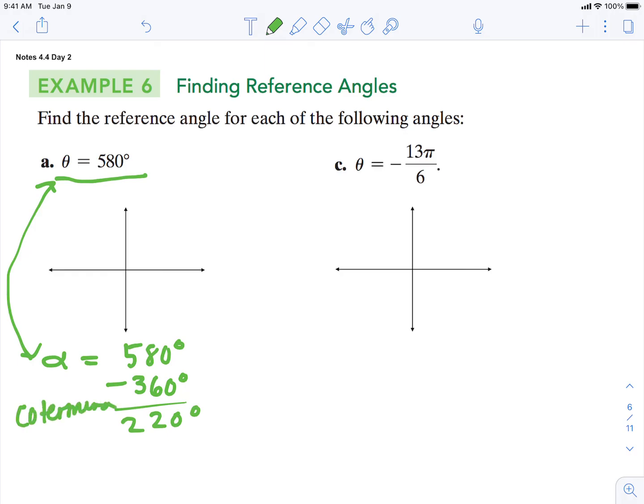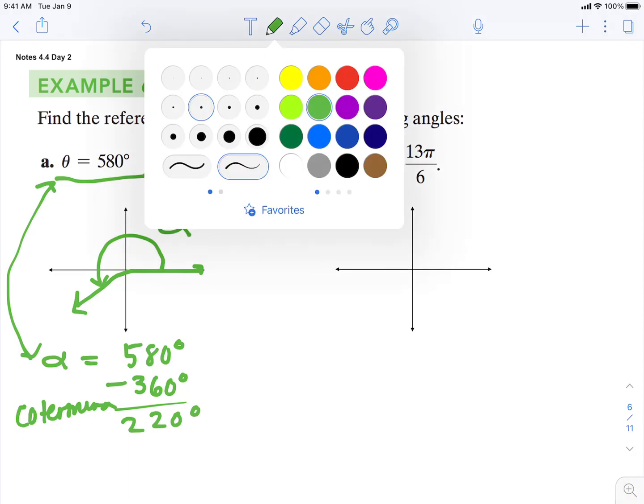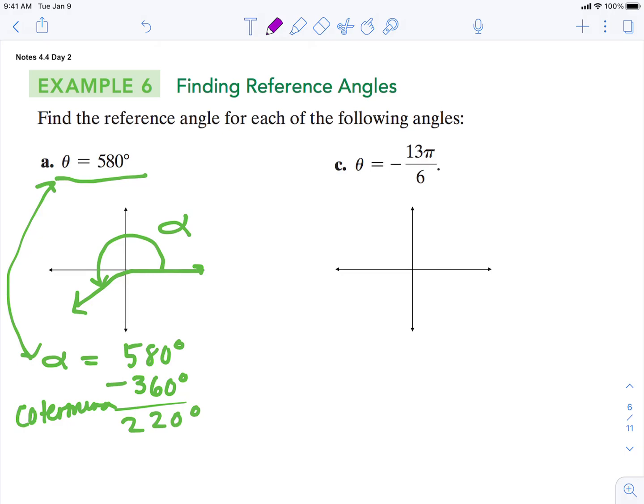So we're going to go ahead and graph that angle alpha. Start at 0 and go to 220 degrees. So this is our angle alpha. Now we finish the problem by finding the distance back to the x-axis, and that'll be our reference angle.